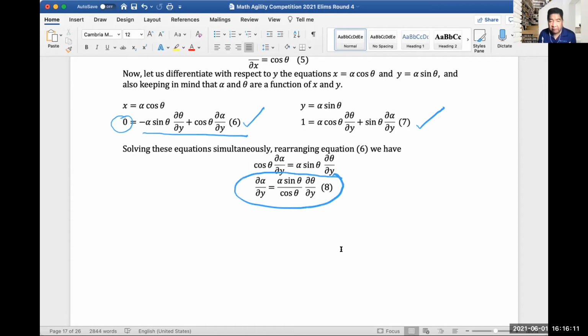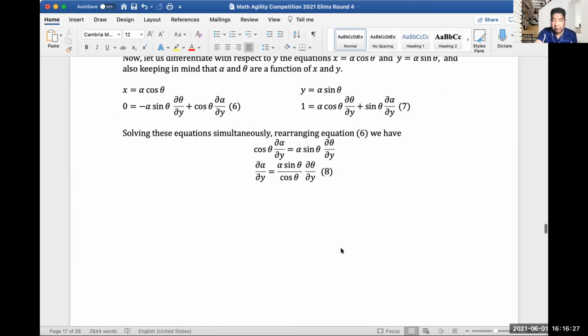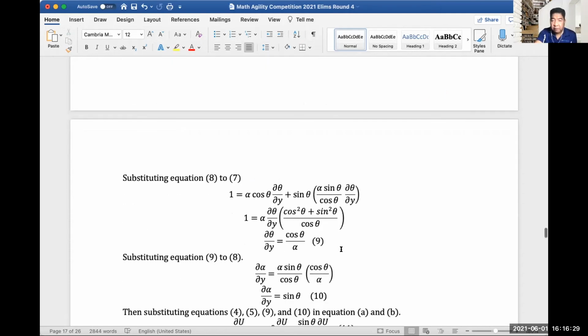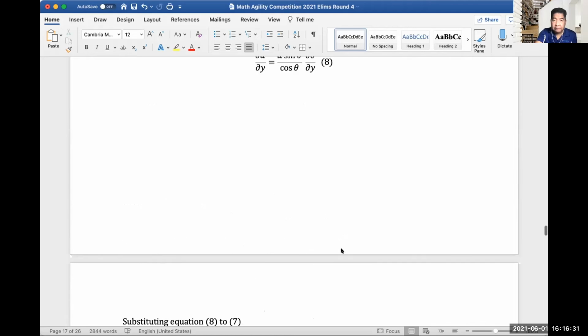So that's partial of alpha with respect to y is equal to alpha sine theta over cosine theta, partial of theta with respect to y.